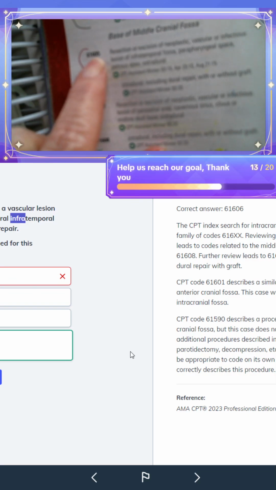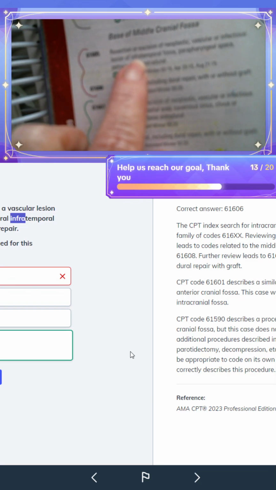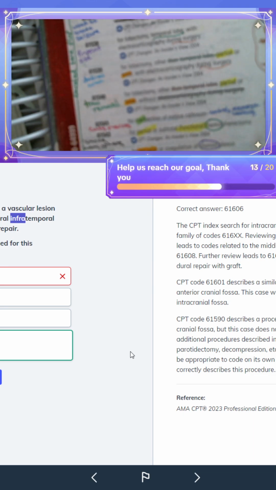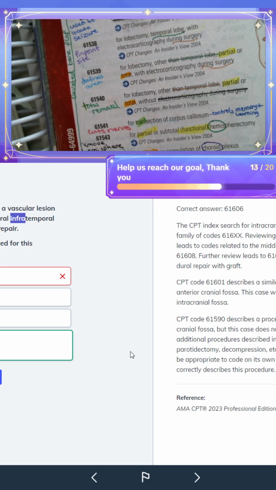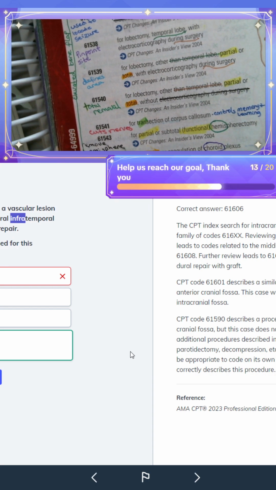So 61605 is also infra and intra. So was the 61590, except for the 90 is all infra with no intra. It had no T in it.